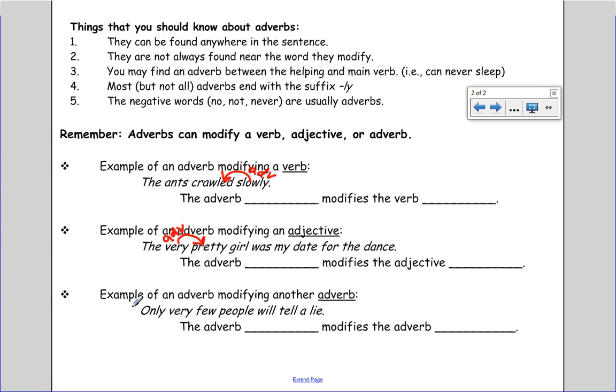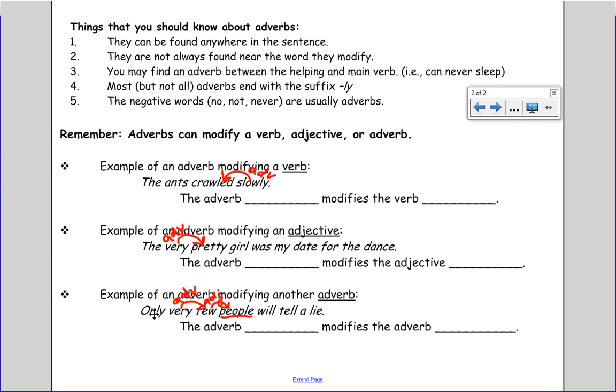And then finally, here's an example of an adverb modifying another adverb. We have only very few people will tell a lie. So if we go here, our subject isn't until people. Few tells how many people, so that's an adjective. And then very goes to few as an adverb. So that's an adverb modifying an adjective.